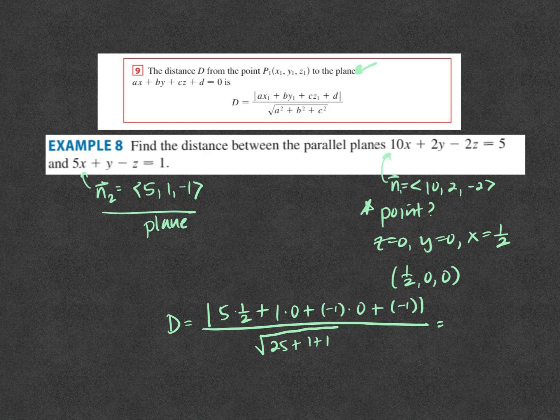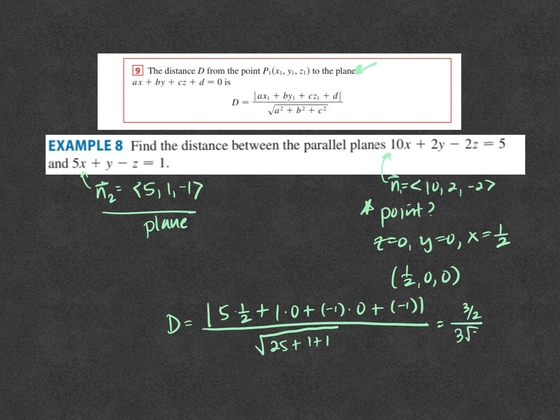So if we look at the top, we're finding the length of this, and we have 5/2 plus 0 minus 1 is 3/2. And on the bottom, we have the square root of 27.